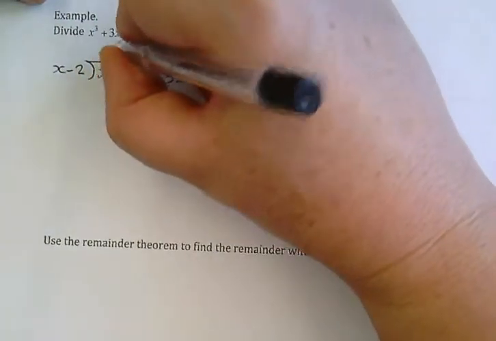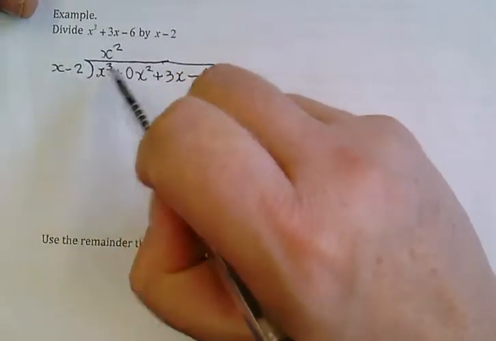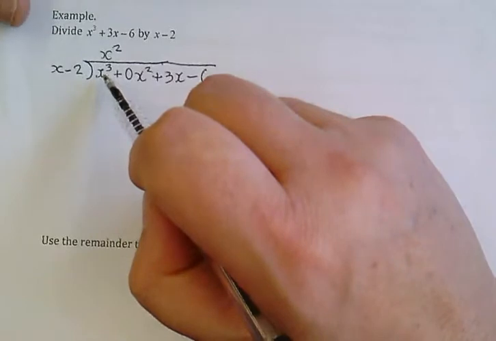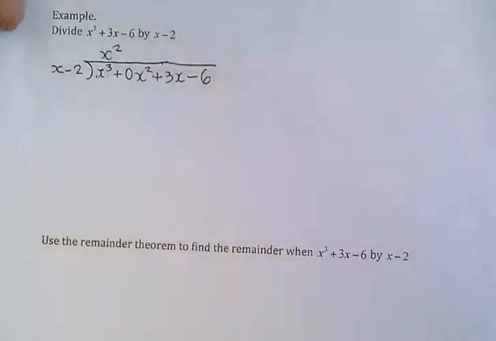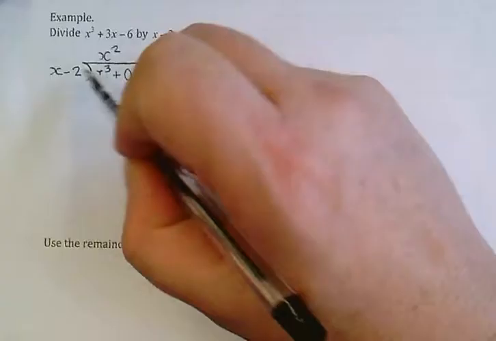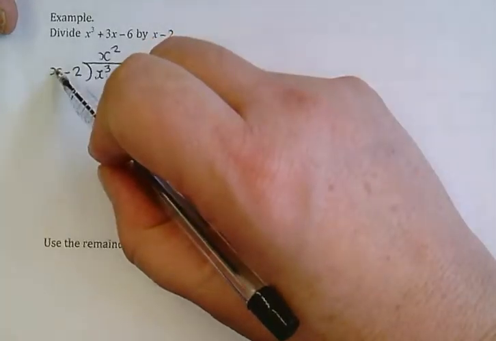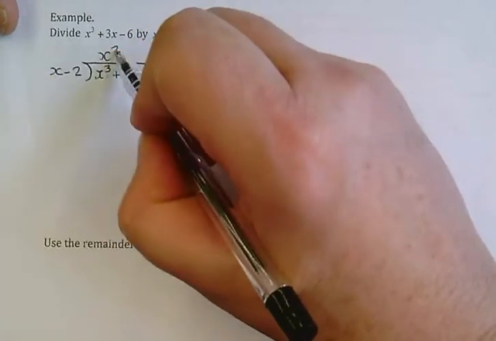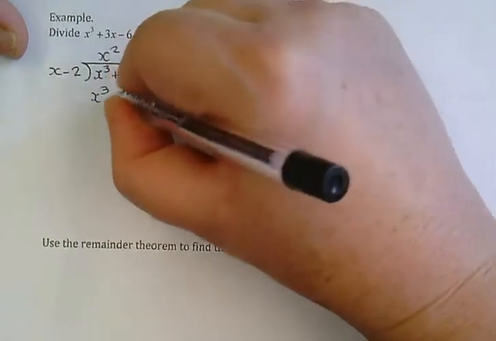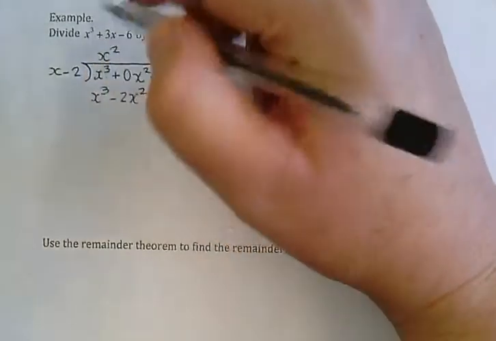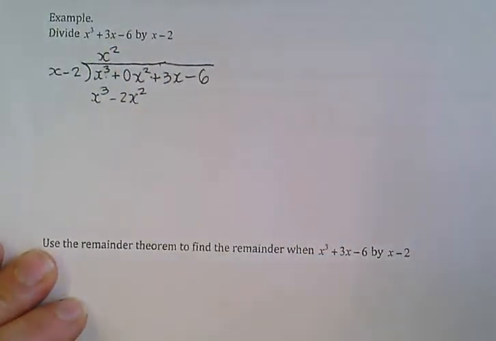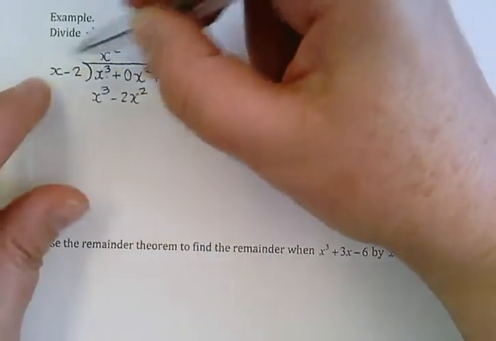Isn't it x squared? x cubed divided by x is x squared. So I go x times x squared is x cubed, negative 2 times x squared is minus 2x squared. So what I now do is multiply this x minus 2 by that x squared, just for the first two terms. You'll only get two terms.